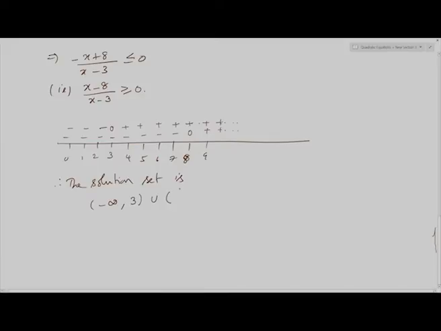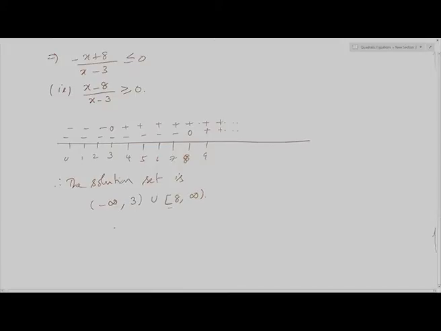Therefore it should be closed bracket from 8 to infinity. So this is the complete solution. If I cross multiply, I will be getting only a partial solution, I will not get this solution. So always make one side of the inequality 0, then you proceed as I said.